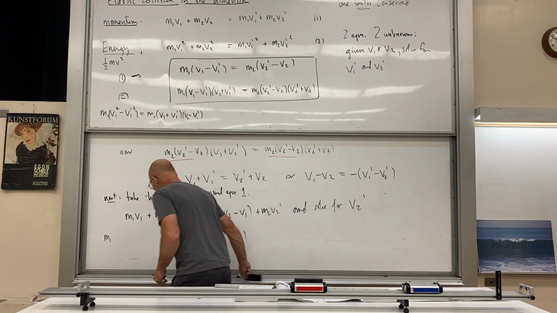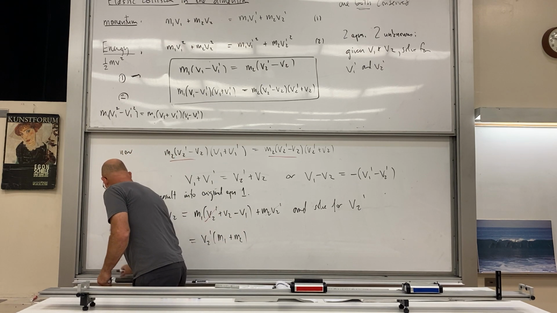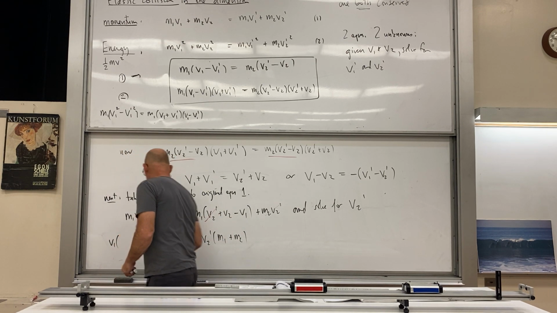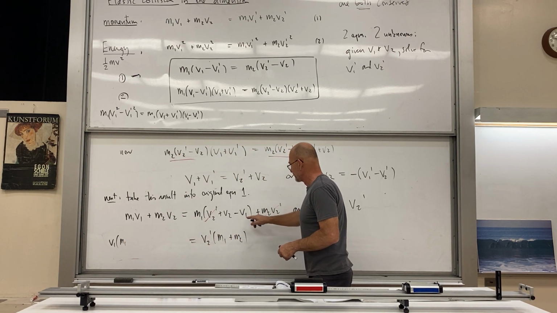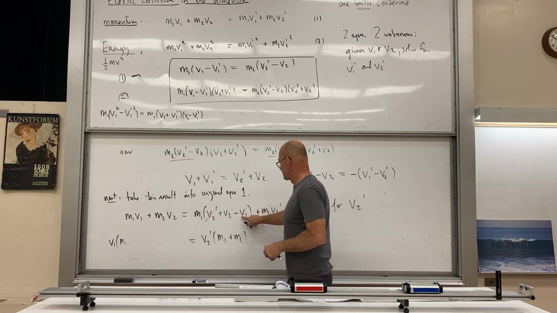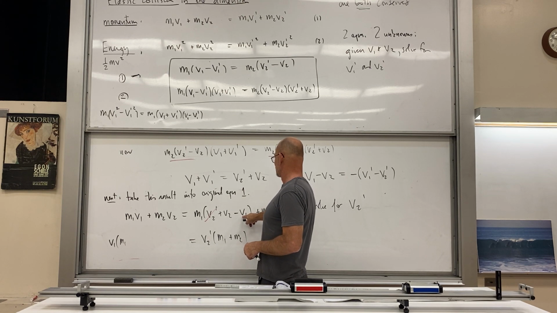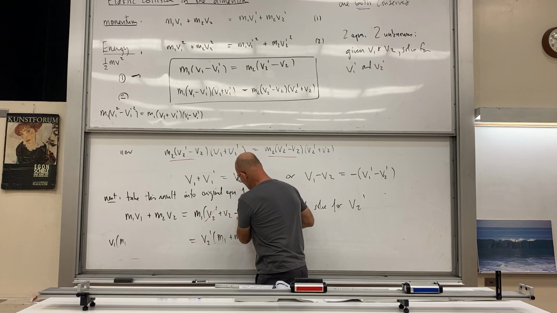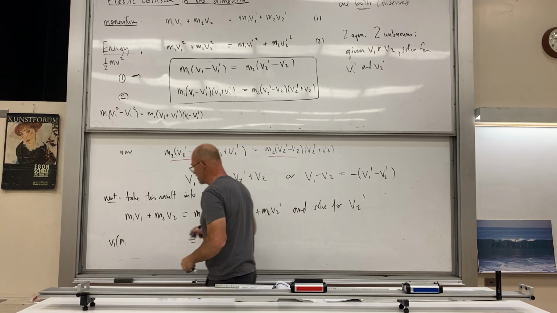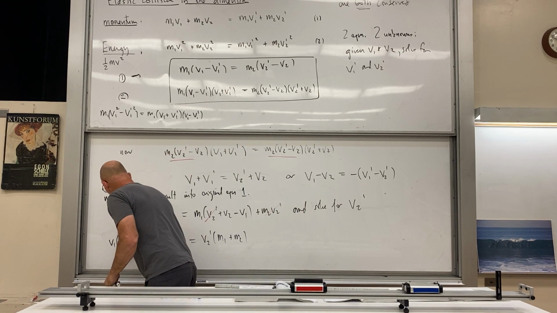But what we'll do here is write the V1, we've got an M1, and we're going to have another M1, because this one with a minus sign goes to the other side, so we have two M1.